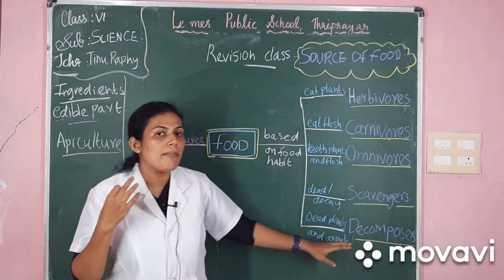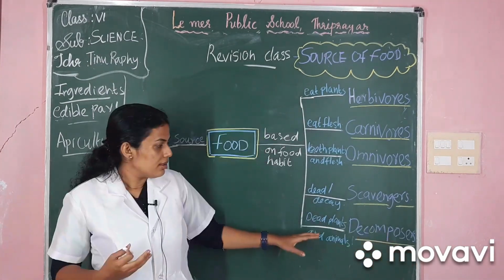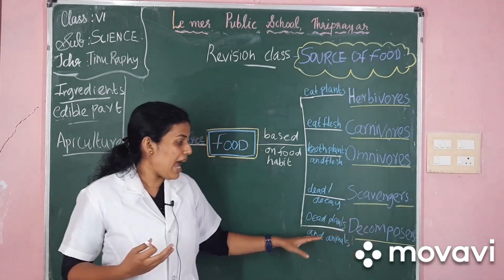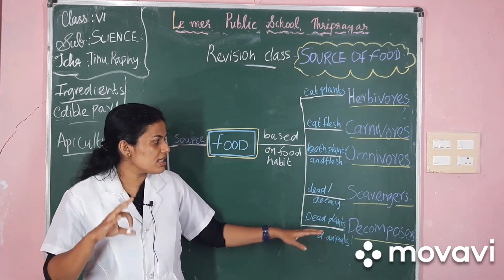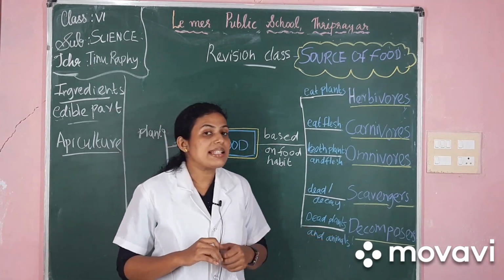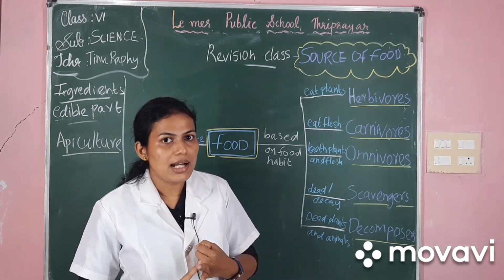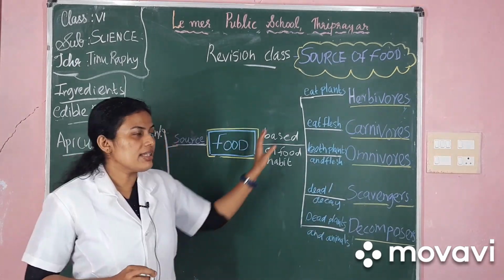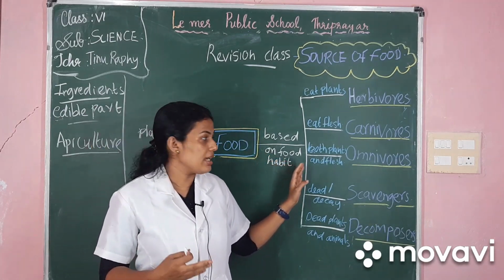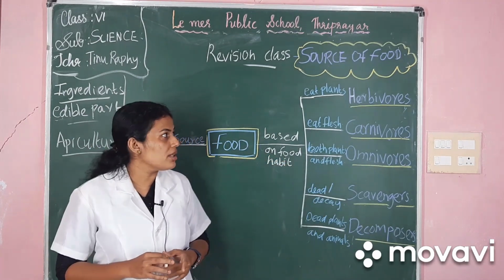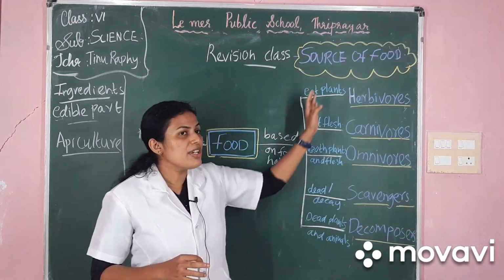Now there are also some other organisms, and they are called decomposers. They feed on dead plants and animals, and their function is to decompose this dead matter. And examples for decomposers are bacteria, fungi, etc. So children, this is an important part. The animals are classified based on their food habits. So you have to learn the examples for these categories and also the features of these categories.